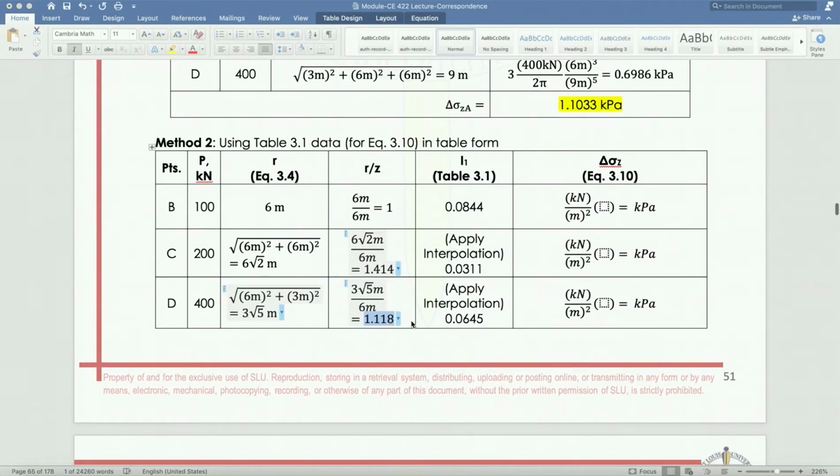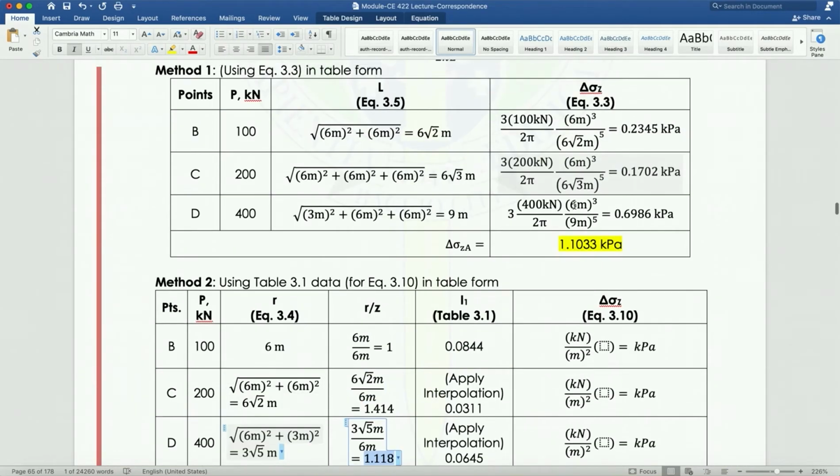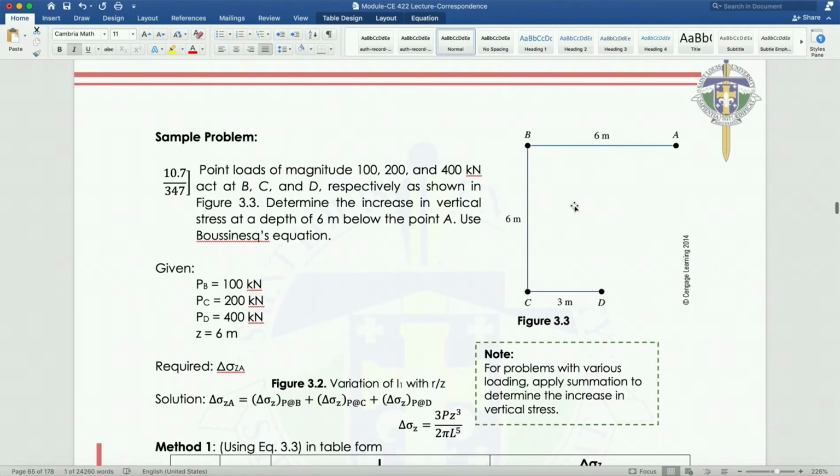But again, if the value, like 1.414 or 1.118, is not in the table, it is better to use the formula so as to have a more accurate result. Okay, but to show you the method, let's continue. So we have here, what is our working equation for the table.